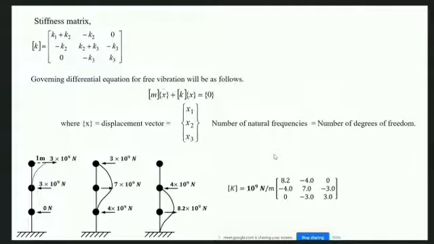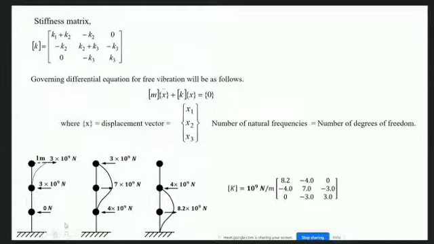Okay, so what's happening is, for this particular case, you'd see that these are the deformed shapes we have considered. This is for the first case, that is for generating the first column. This is for generating the second column, and this is for generating the third column.